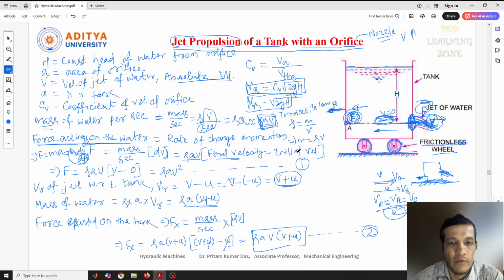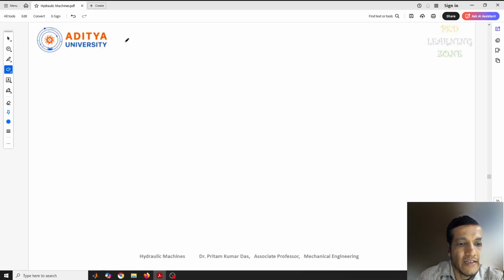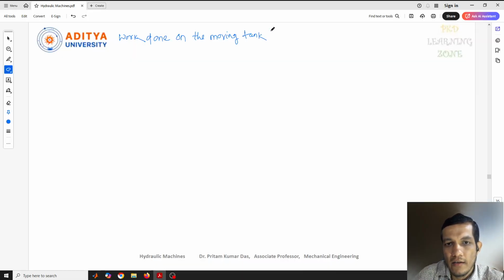So the next step is we find the work done on the moving tank by the jet per second, which can also be calculated.